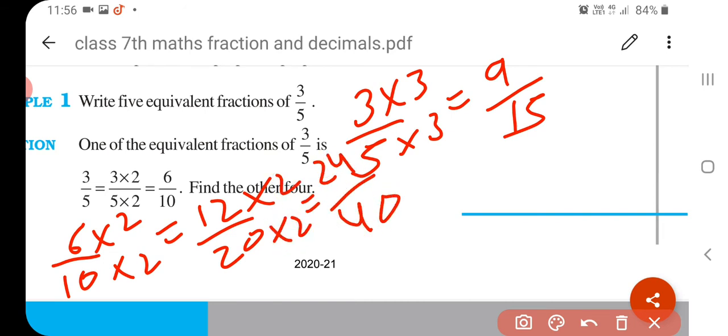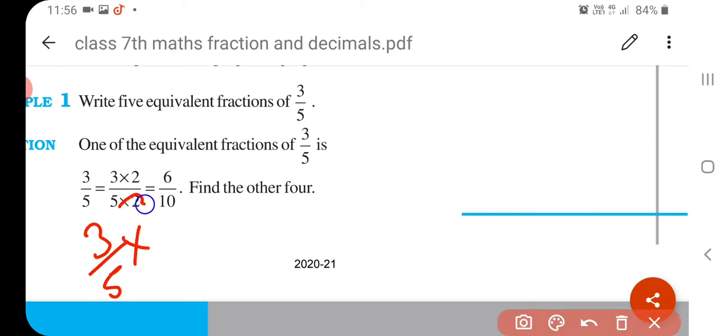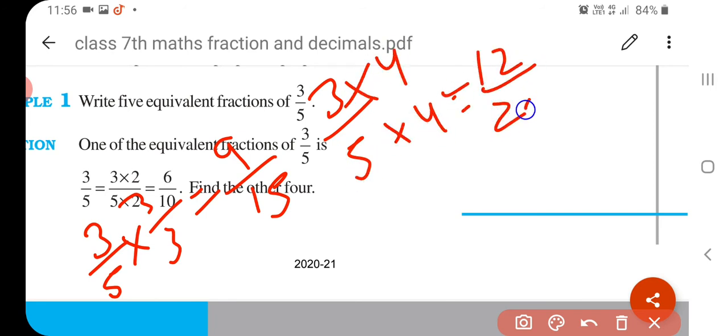It's also an equivalent fraction. And if you want to find it this way, then 3 by 5 into 3 gives 9 by 15, and 3 by 5 into 4 gives 12 by 20 as your answer. Okay, understand? So this type you have to find the equivalent fractions.